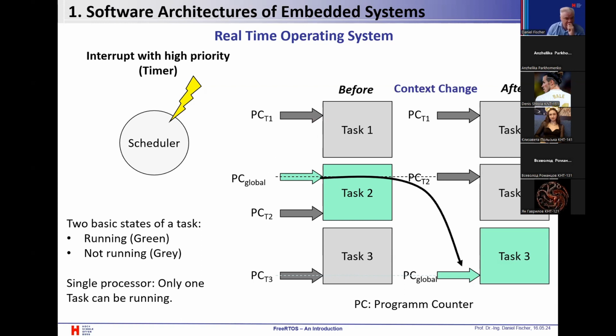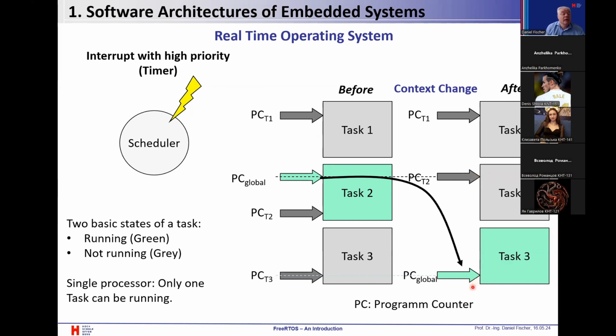Okay, and this process is called a context change or a context switch. That means the scheduler has to do the following. It has to stop this task 2. It stores the current program counter in a data structure which belongs to this task.